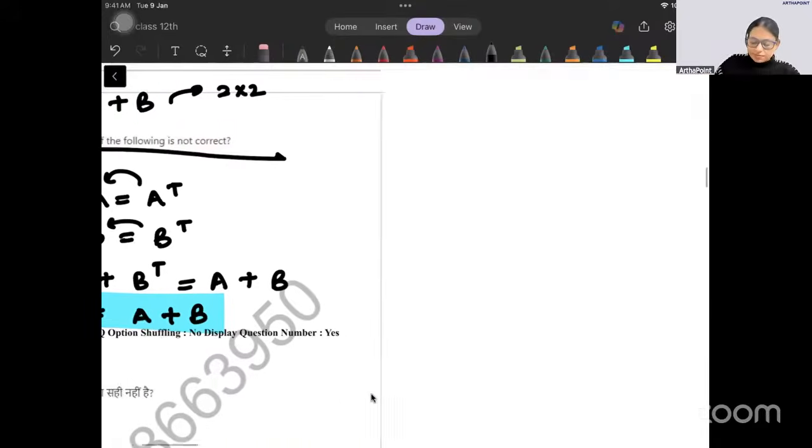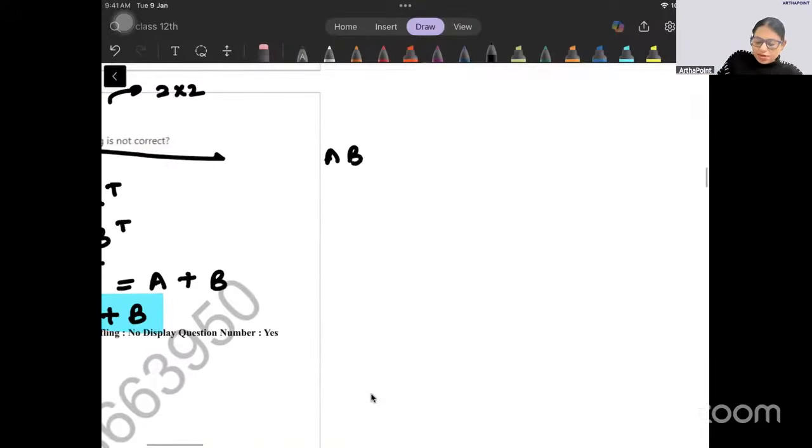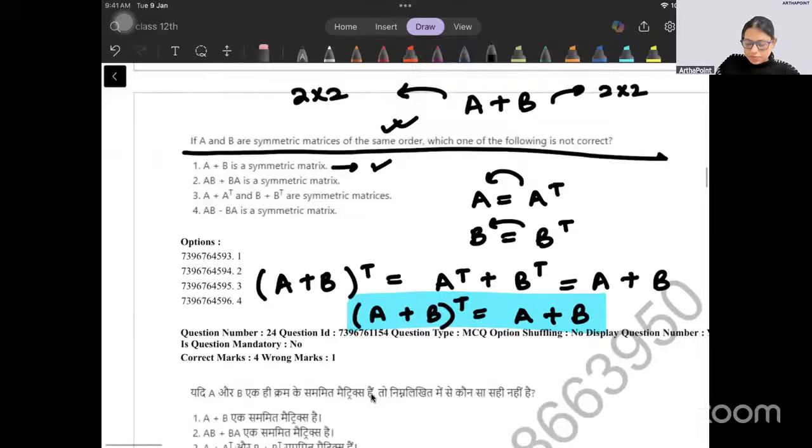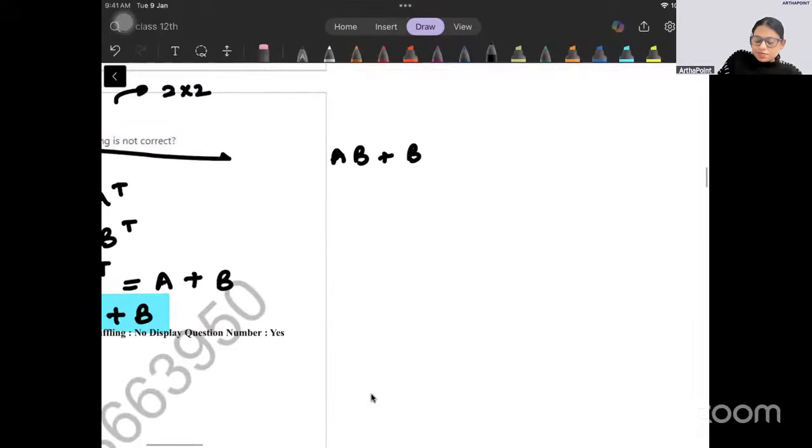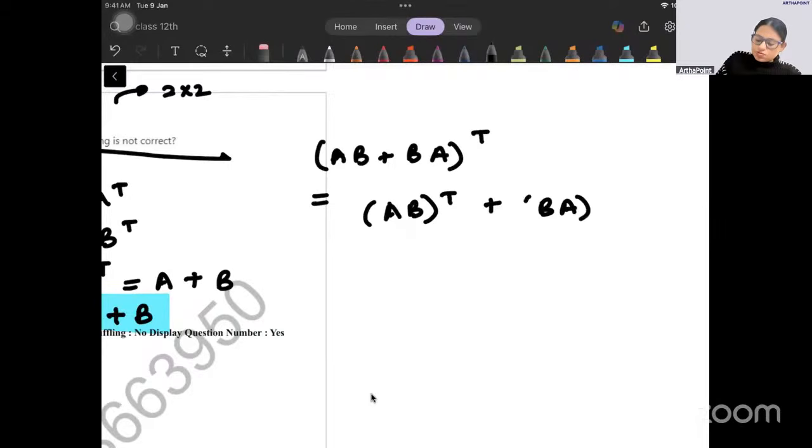Let's see. The transpose of AB plus BA is AB transpose plus BA transpose. So whenever we do AB transpose, it becomes B transpose A transpose plus A transpose B transpose.